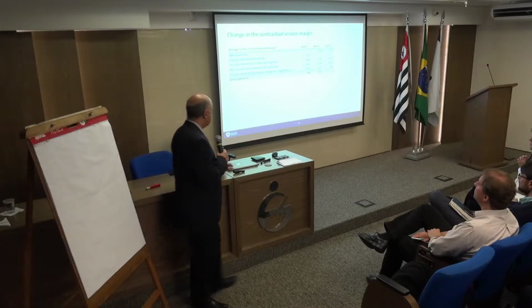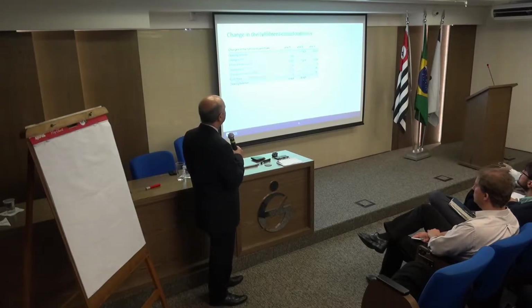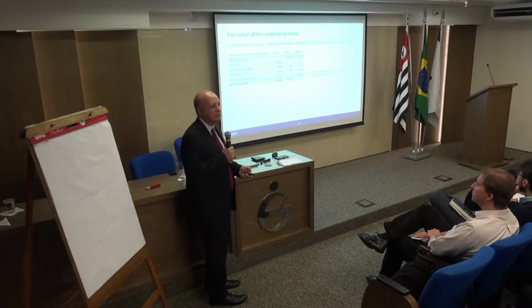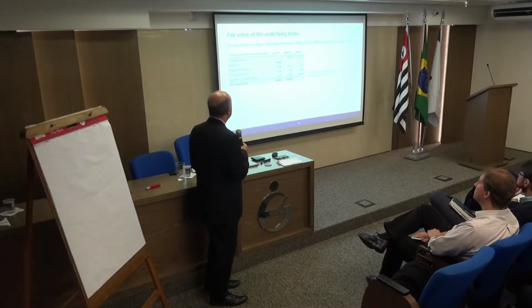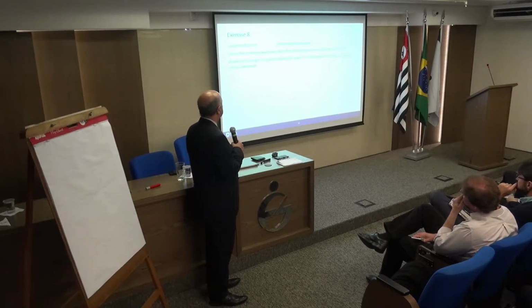And then these values, the 1,500, 1,281, this line here was calculated already here, I think, and here is the same thing. Okay, so this is simply the increase in fair value. So we are here, contractual service margin, and that's it.